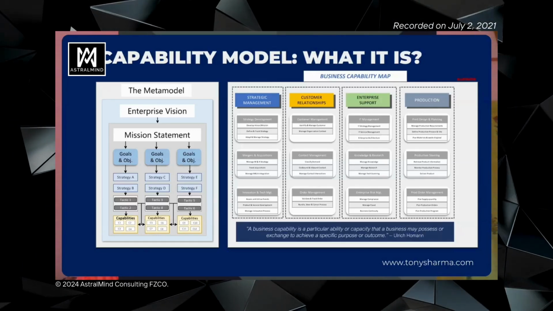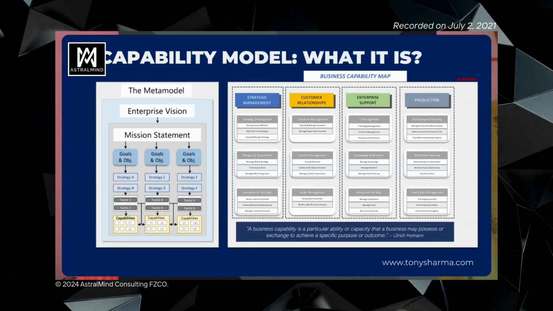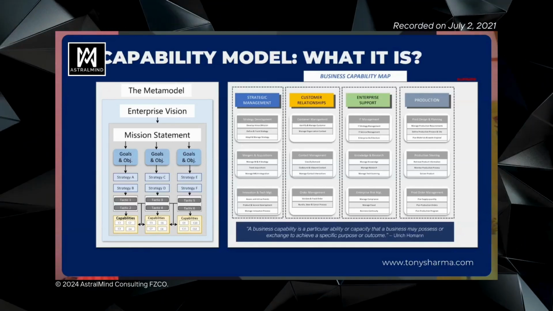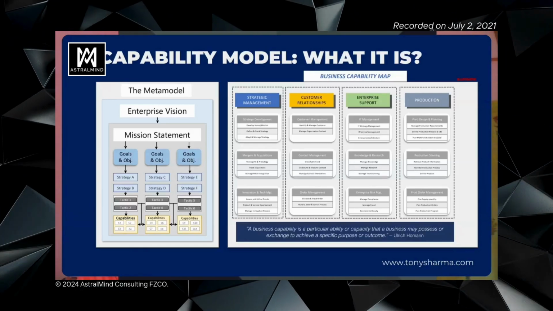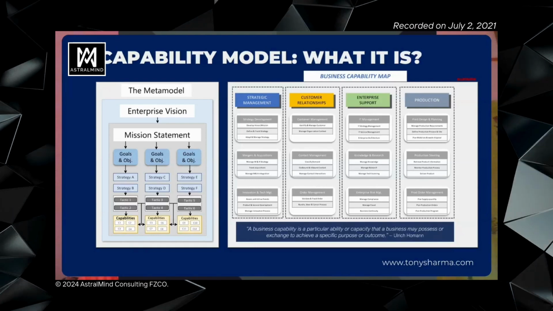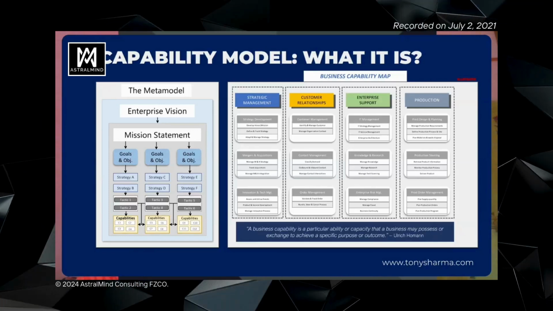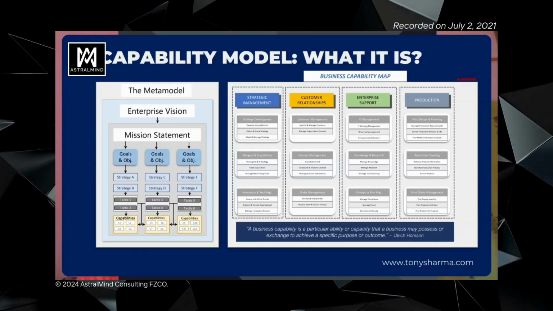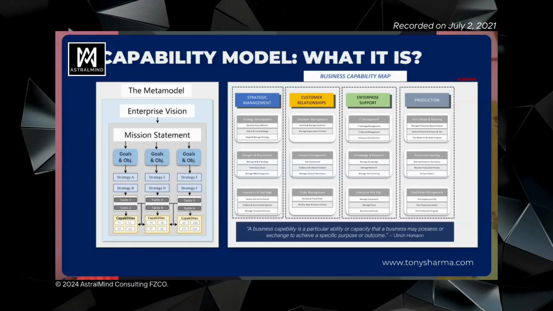Another way could be to seek new sources of supply, invest into your procurement. Another one could be to increase the sales. There are numerous tactics that can be there. Now, each of these tactics will be needing a delivery vehicle of a business capability. So here we are getting into a very interesting area. What is a business capability? A business capability is like an ability or a capacity that a business might have to execute something.